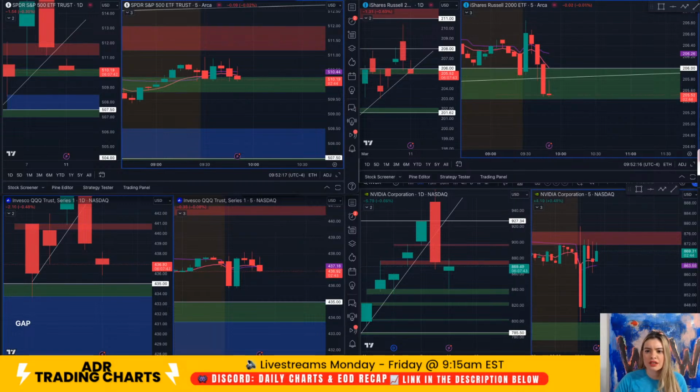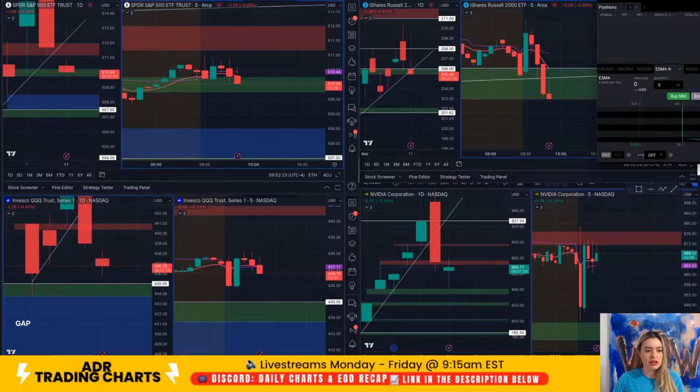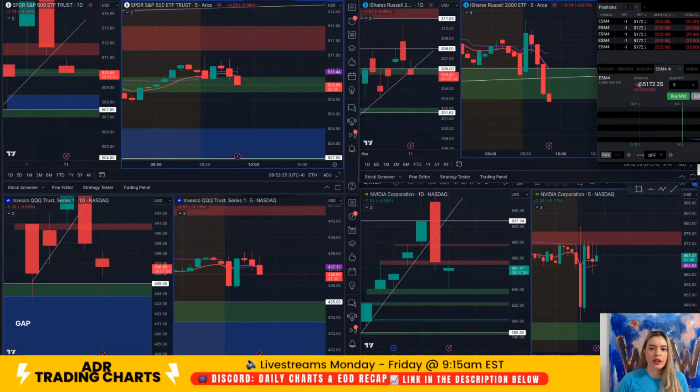Okay, I like that reaction on SPY. Ooh, I think it's kind of late. I'm gonna go short with SPY with ES. Let's see. I like how Apple is making lower lows.